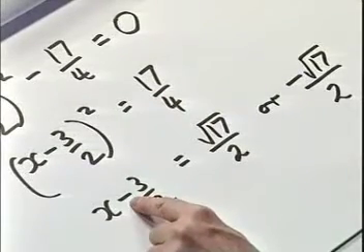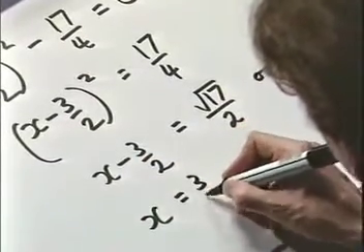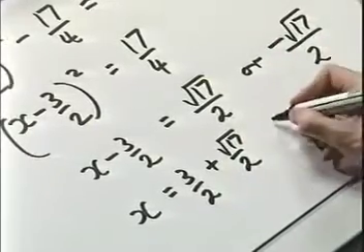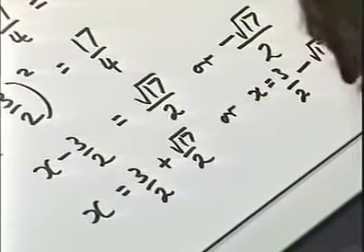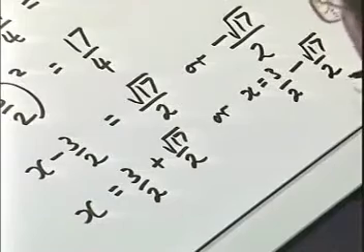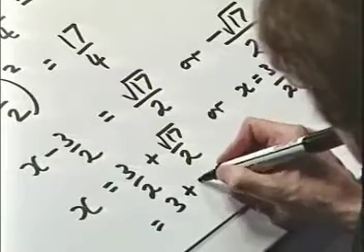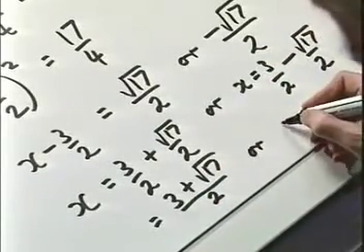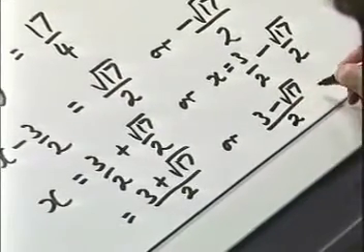Now I add the 3 over 2 to both sides, so we have x equals 3 over 2 plus root 17 over 2, or x equals 3 over 2 minus the square root of 17 over 2. And just for the sake of completeness, I'm going to put all of this over this 2. So 3 plus root 17 over 2, or 3 minus root 17 over 2.